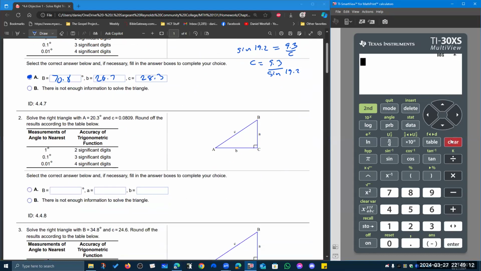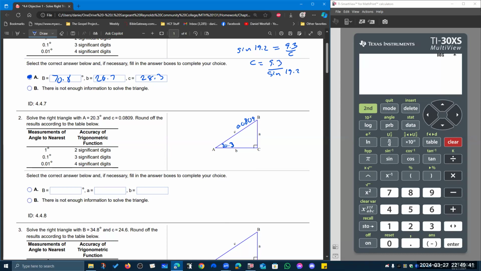And they don't fill in anything for us. They tell us that A is 20.3 degrees and C is 0.0809. And then we're going to use the table here to tell us how we should round.